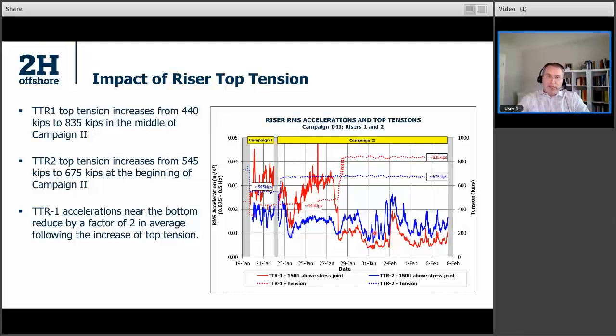So it is also affected by the environment. We see the variation, but we don't see that drastic change. It is only occurring for TTR1 right after the increase of the top tension. So we are seeing that the riser motions are drastically affected by the top tension here.